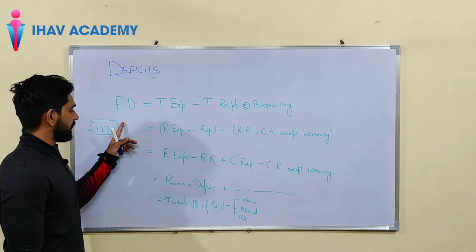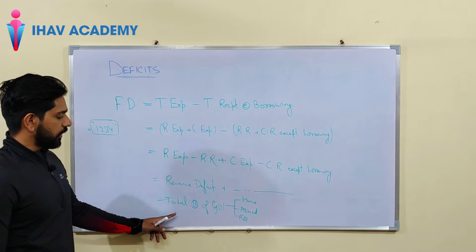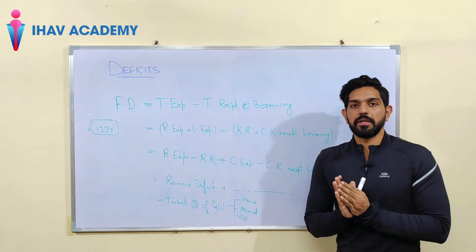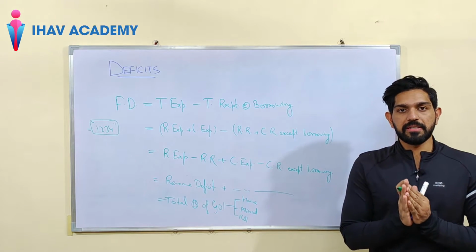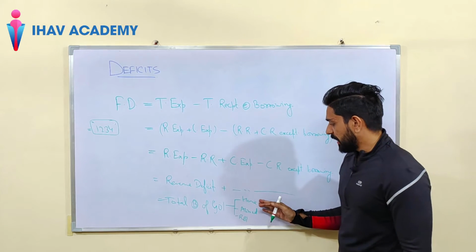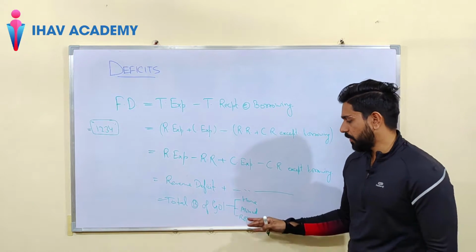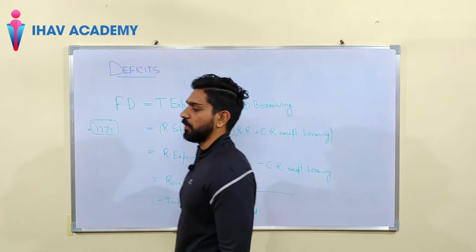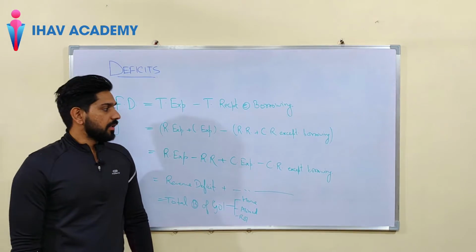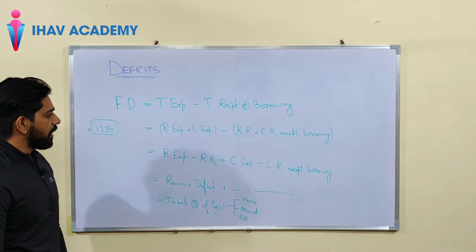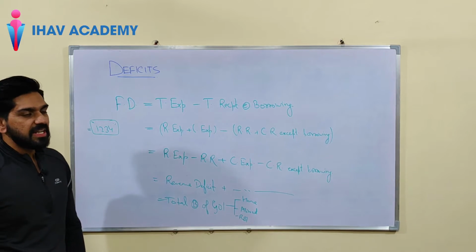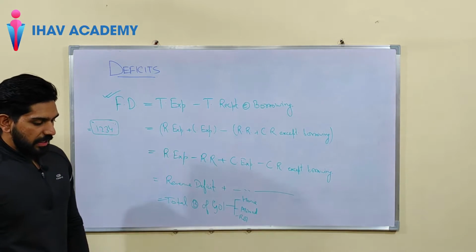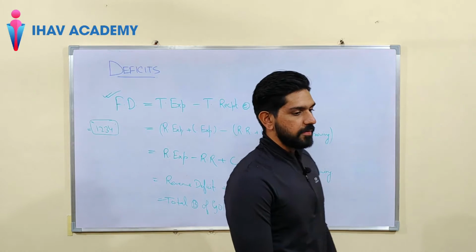So the fiscal deficit is equal to the total borrowings of government of India, and it doesn't matter whether the government of India has raised this loan internally or externally or from RBI. Understood? The second statement is revenue deficit is part of the fiscal deficit. तो ये सारे questions आपके प्री में आ सकते हैं, है ना. सबसे आसान क्या होगा? What is the equation or formula of fiscal deficit?